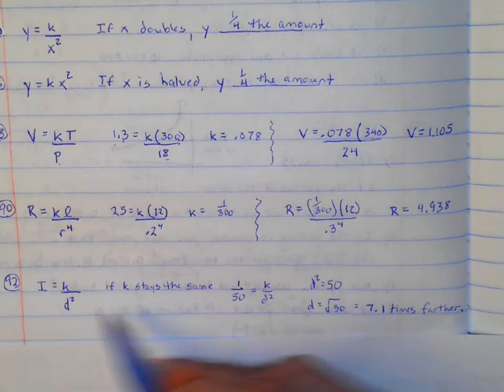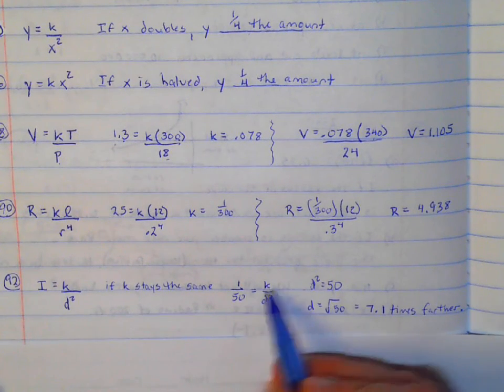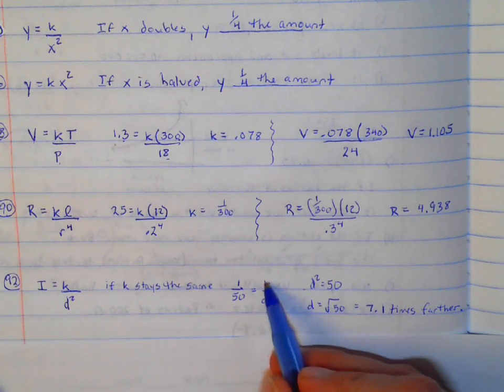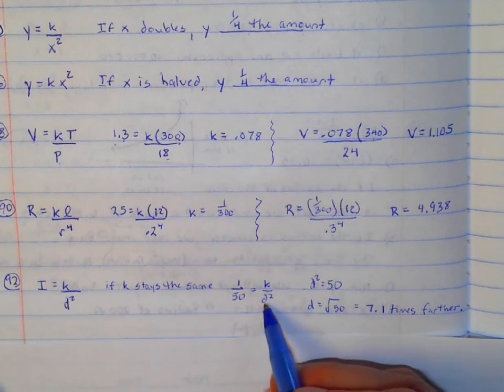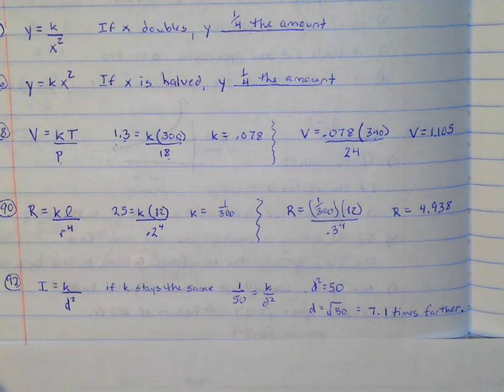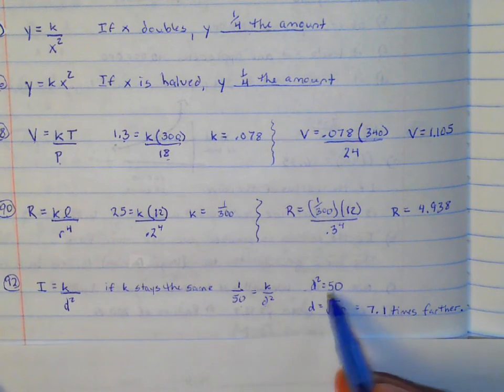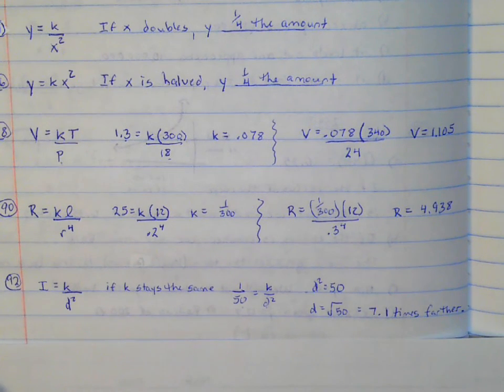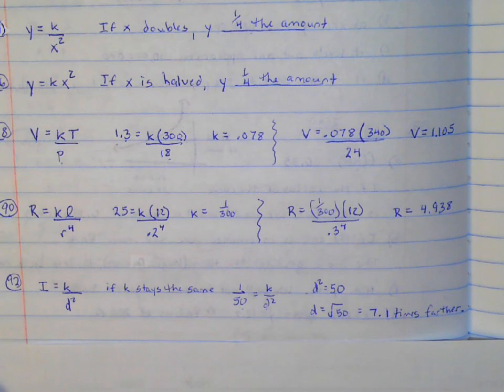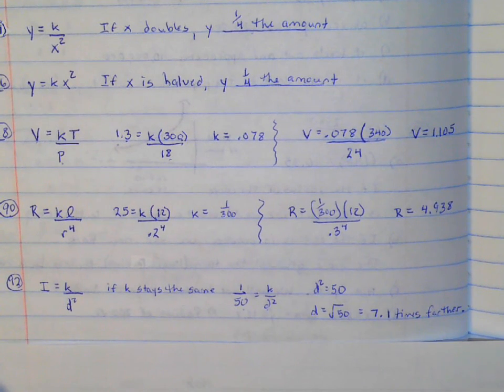See, the intensity is 1/50th. And if I keep my K constant, and basically just solve this equation, then I get d squared is equal to 50. So when I solve that, take the square root of both sides, can't have negatives, so it's just 7.1 times. So the Hubble telescope can see 7.1 times farther in space than what we can here on Earth.